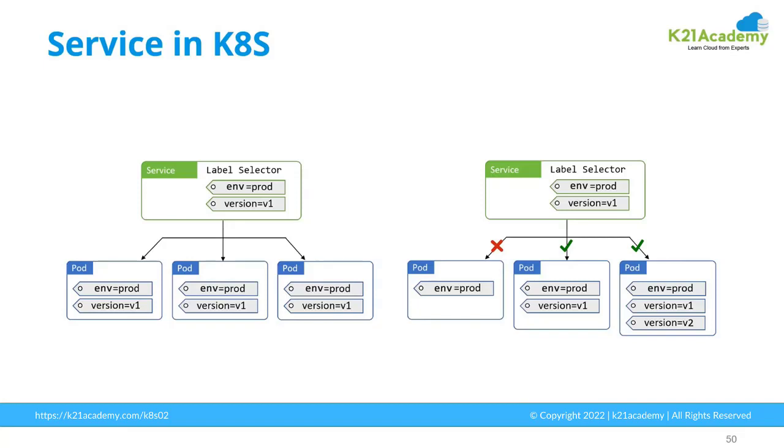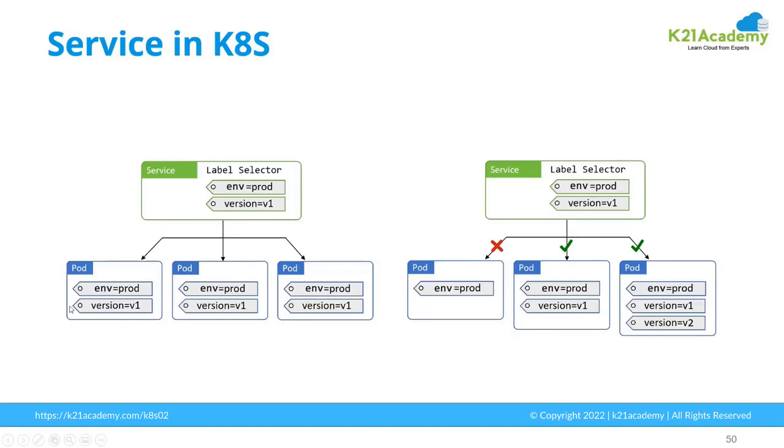And then when I'm defining the pod, I'll give each pod those labels. And when the label defined on the pod matches the label defined on the service, then the service knows that I need to forward a request to these respective pods. So in this case, the service knows that there are three pods with these labels, so I'm going to forward a request to all these three pods.